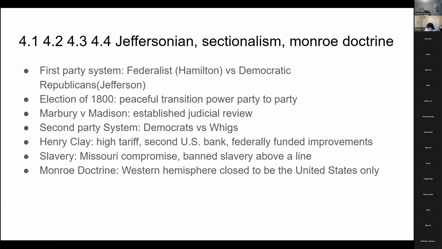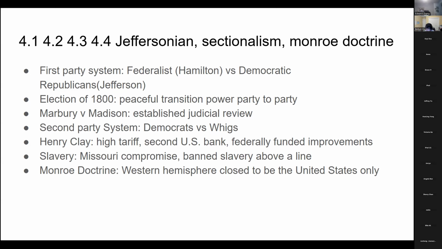So what do you guys know about the necessary and proper clause? It's a very important legislation. Necessary and proper.